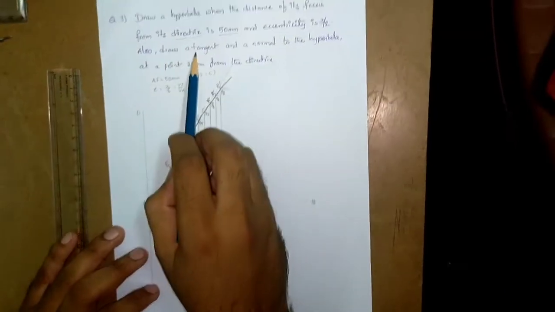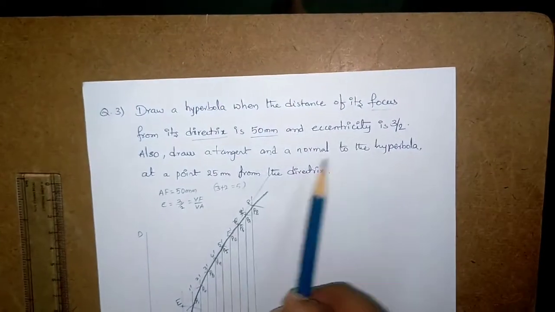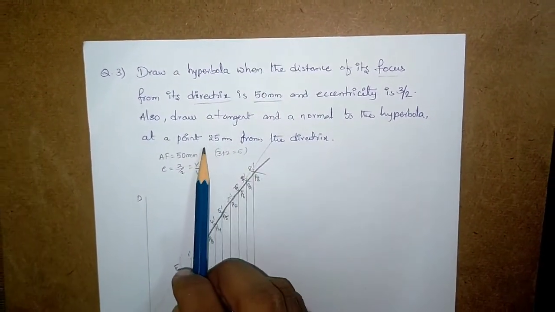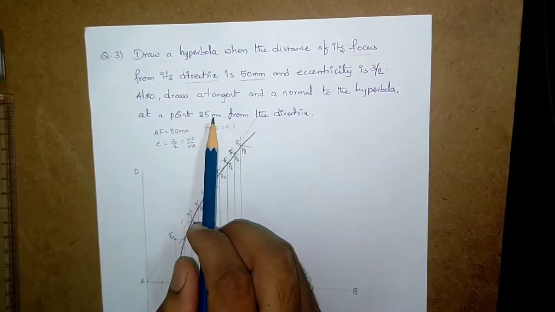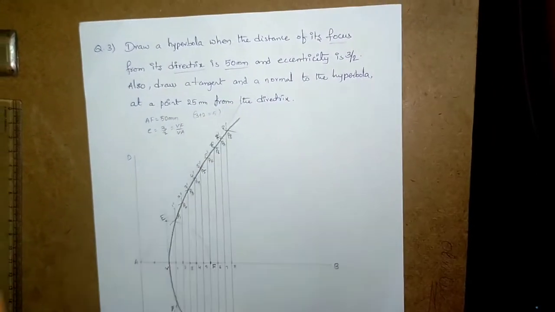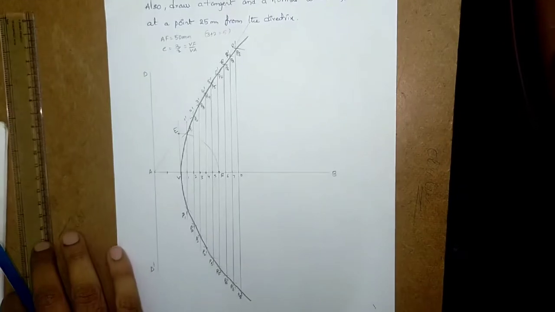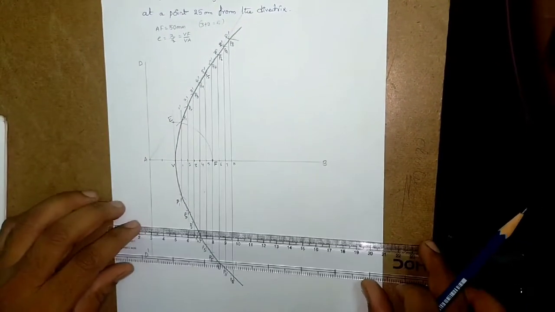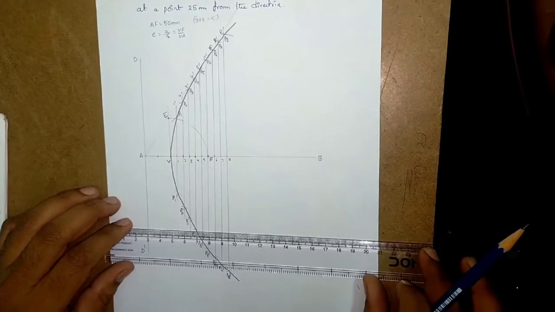Now, how to draw a tangent and a normal to the hyperbola at a point 25 mm from the directrix. Here, the distance from the directrix to the point on the curve is 25 mm, the perpendicular distance to the directrix.